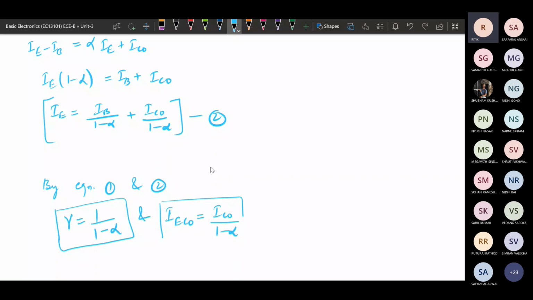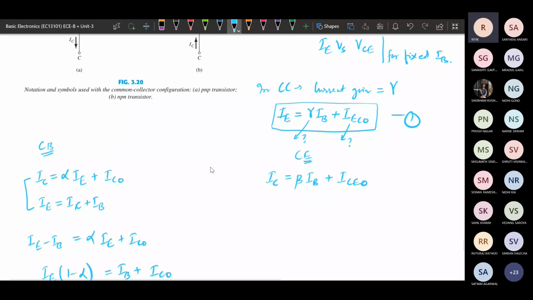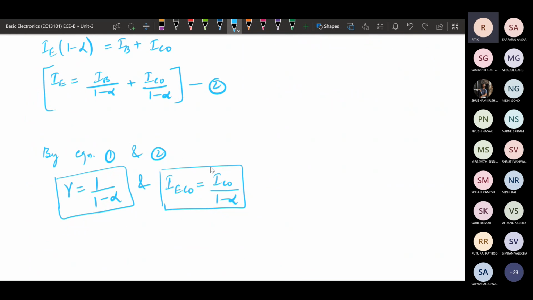This is the relation we can get. So in the common collector case, the relation between input current and output current will be given with respect to gamma, and that gamma will be defined in terms of alpha, like 1 by 1 minus alpha. And also we can get the leakage current in that case.